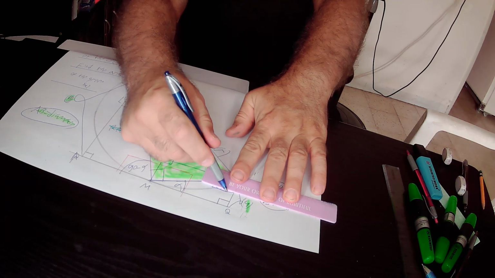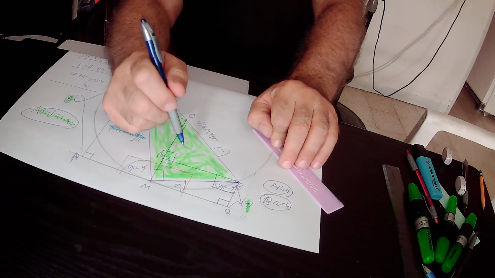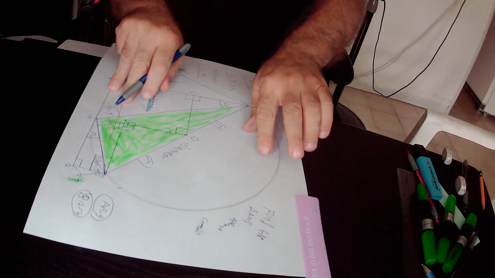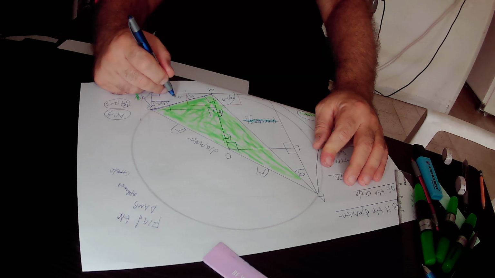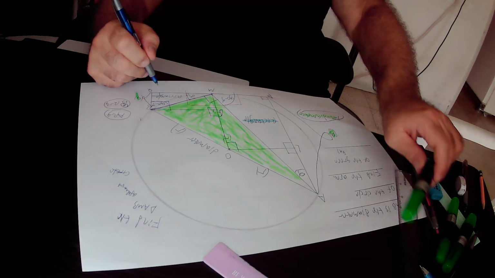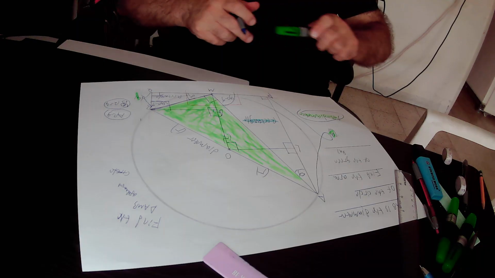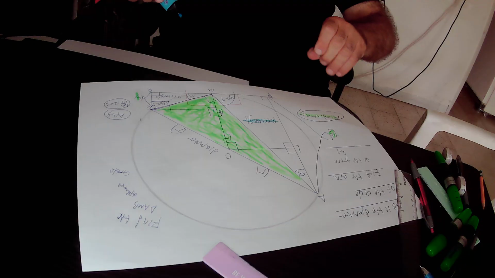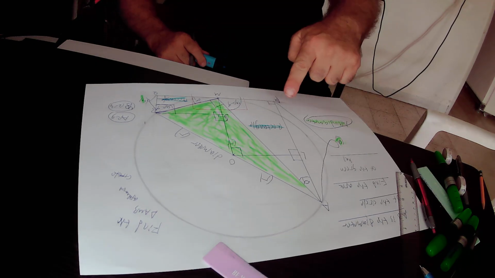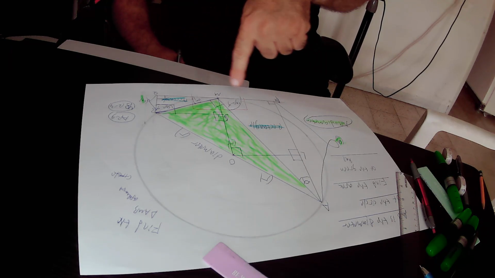And therefore quadrilateral SMQB is a rectangle according to rule 5. So this is the big rectangle LOMP, this is the small rectangle SBQM.